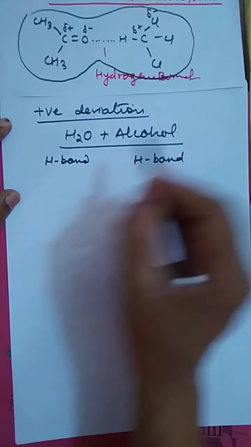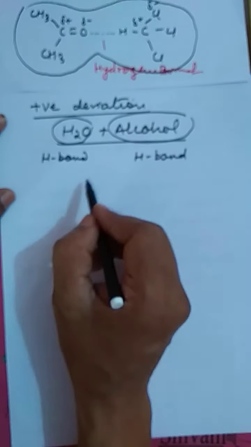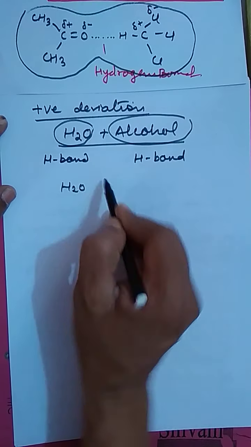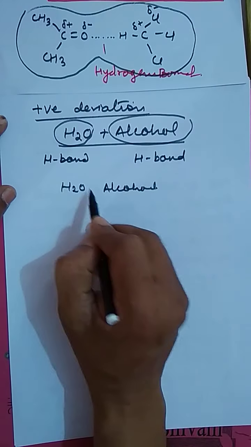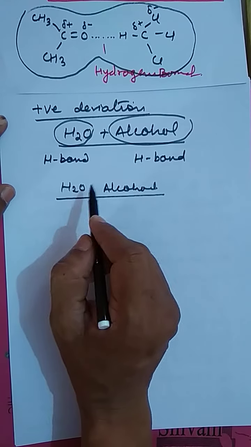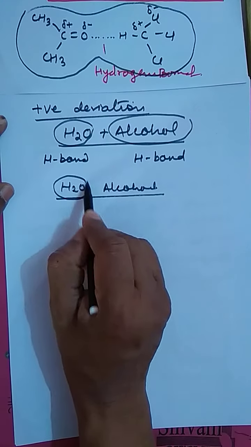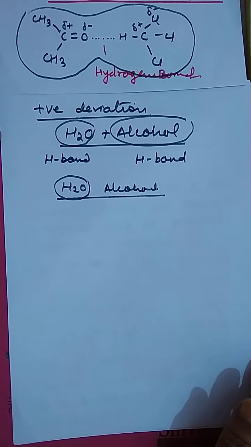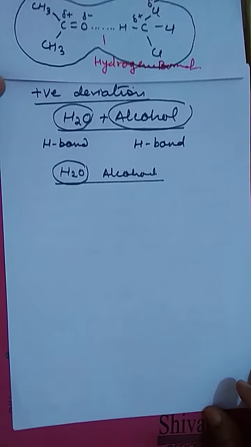But after mixing water and alcohol, some of the hydrogen bonds break, so the interaction between H2O and alcohol decreases, and it shows positive deviation. It also depends on the interaction between H2O and alcohol. So I think you should remember some examples related to positive and negative deviation.